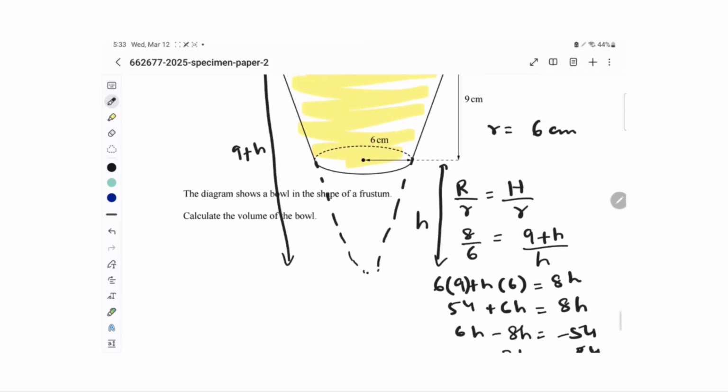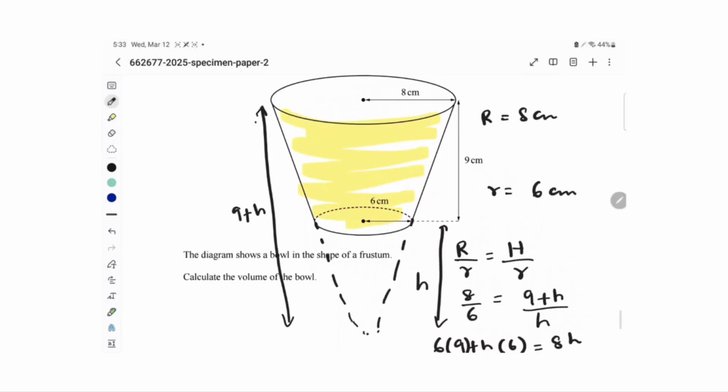The height of the bigger cone is 9 plus 27, which is 36 centimeters.